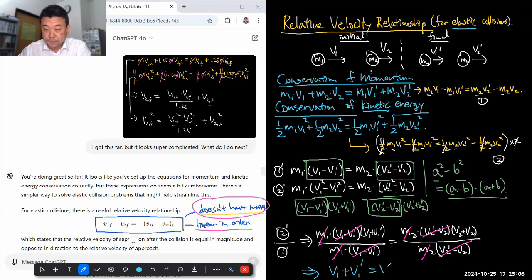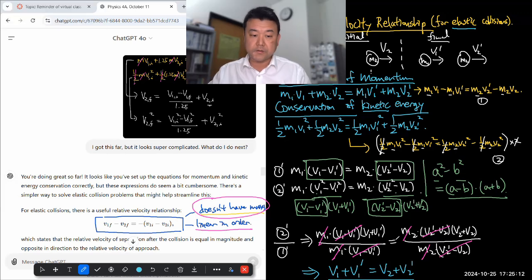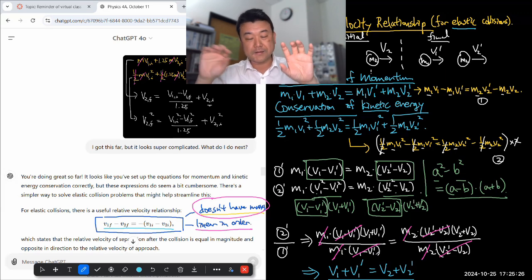That's equal to v2 plus v2 prime. Now, it's in a slightly different form from how ChatGPT had it, but I think I actually like this form better. I think I can remember this a lot better. Sum of velocities of one object is equal to sum of velocities of the other object.